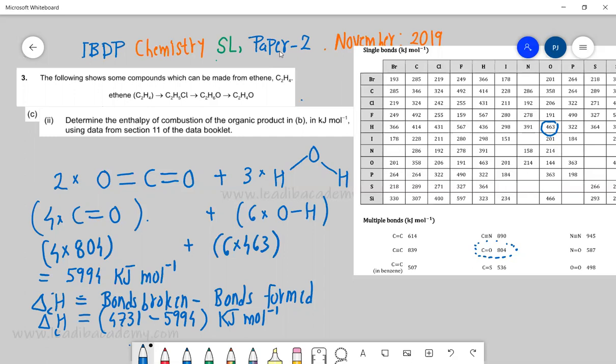Without knowing it, it is virtually impossible to calculate, because we should be in a position to understand which bonds are getting broken and which bonds are getting formed. Simple. And then the formula is very, very simple, and we can take the help of the data booklet to calculate this. Hope this is quite clear and interesting.